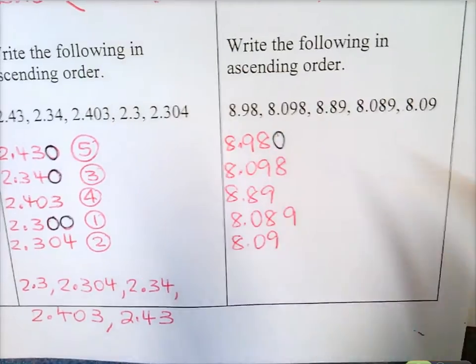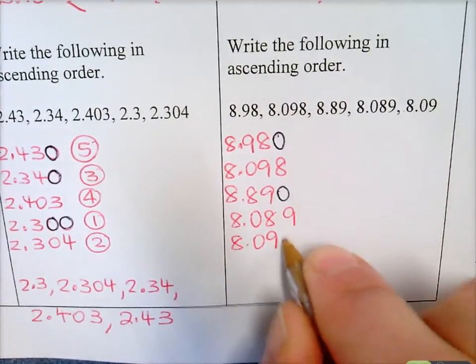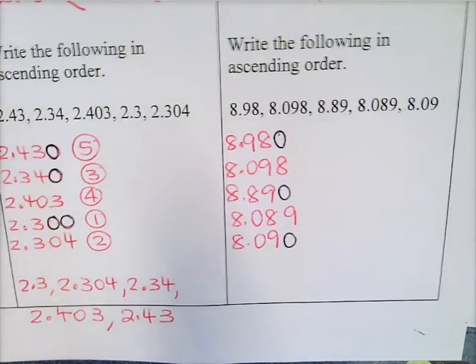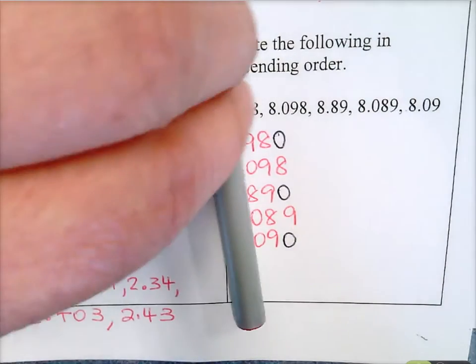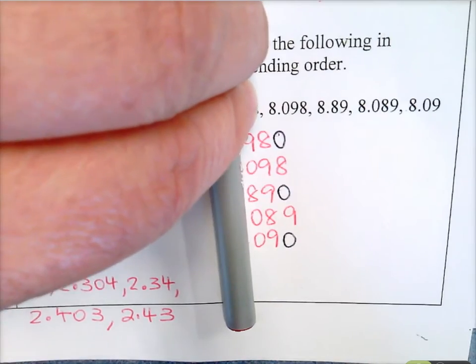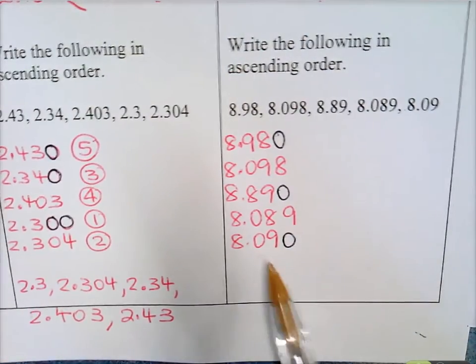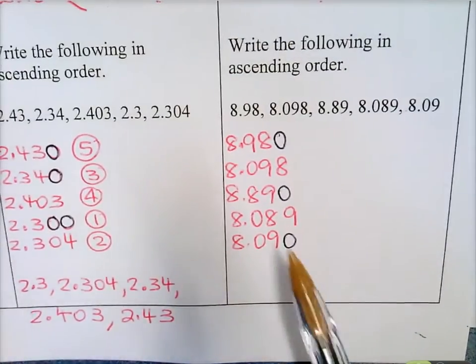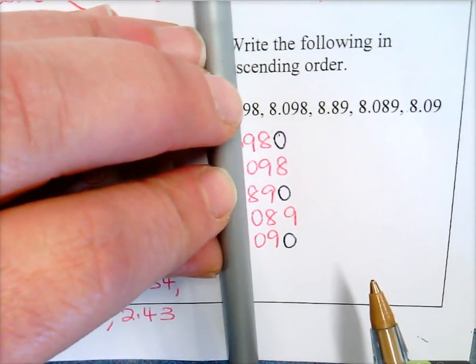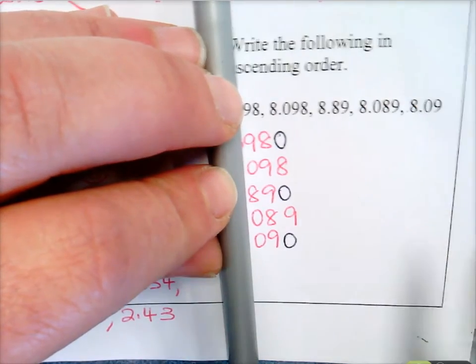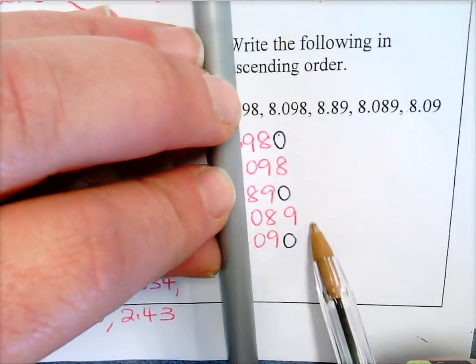We've got 2, we add 1 more. Add 1 there and add 1 there. What's the smallest, girls? The 8s are the same. And the points are the same. So now let's look. 8 point what? Which one's smaller? The 8s are all the same. Let's look after the points. No, it's 089.